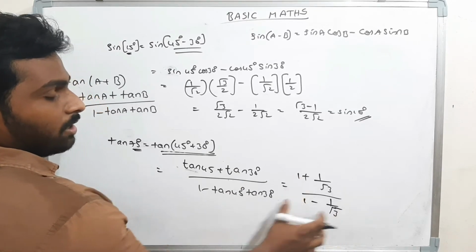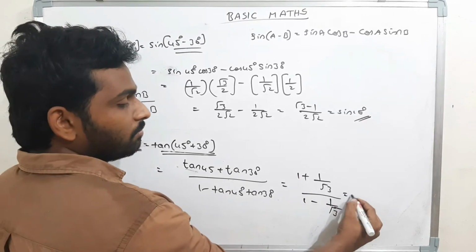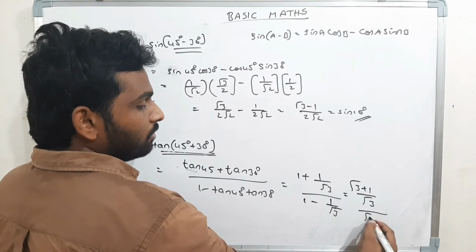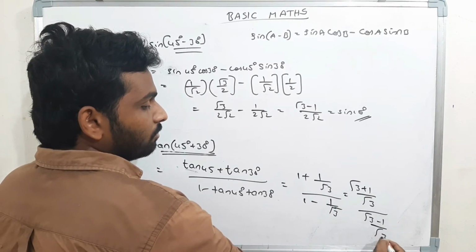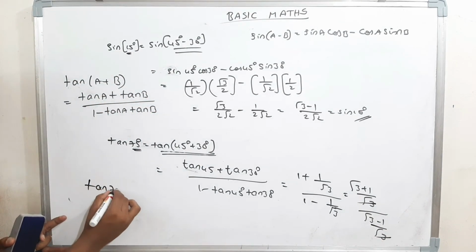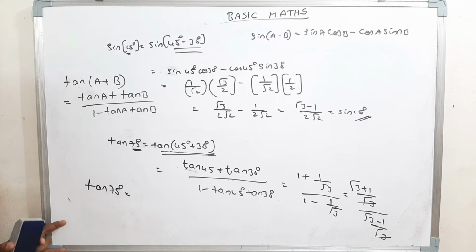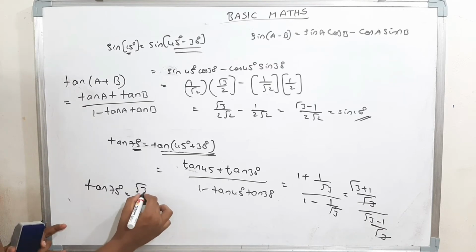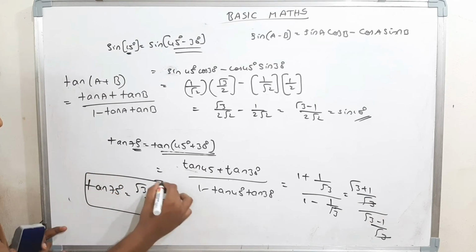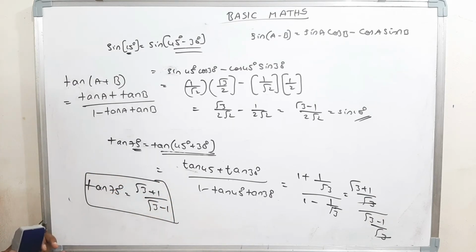Take the LCM, here also take the LCM. If you take LCM, root 3 plus 1 by root 3 by root 3 minus 1 by root 3. Therefore the root 3 cancels off. Finally what will you get? Tan 75 means how much? Root 3 plus 1 by root 3 minus 1. Is it clear? Okay, now we will see one more example.